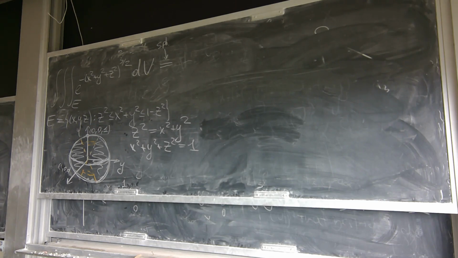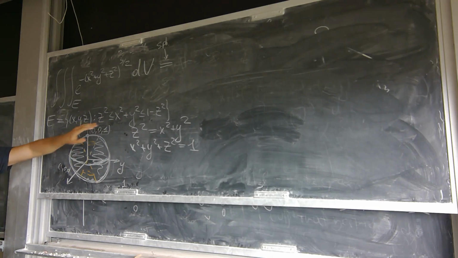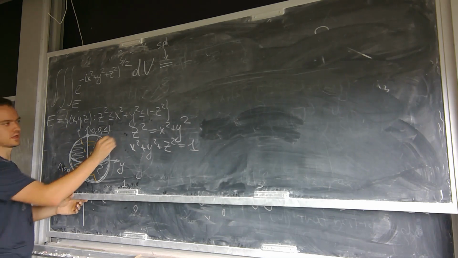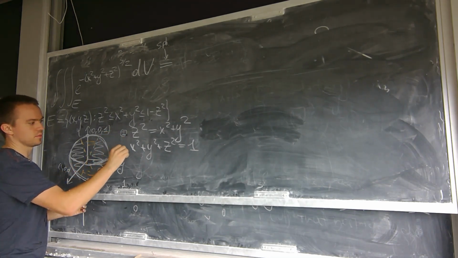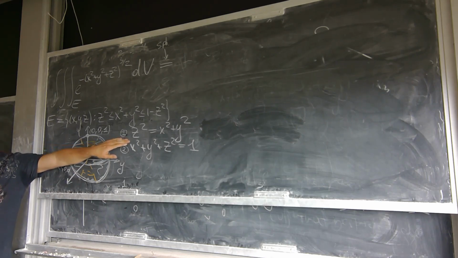Okay. So I got the double cone because I have these inequalities, and these inequalities mean I need to choose some part of the region in 3D. But if you want to choose some part of the region in 3D, you need to find the bounds. And here I have two bounds. This bound is a cone.